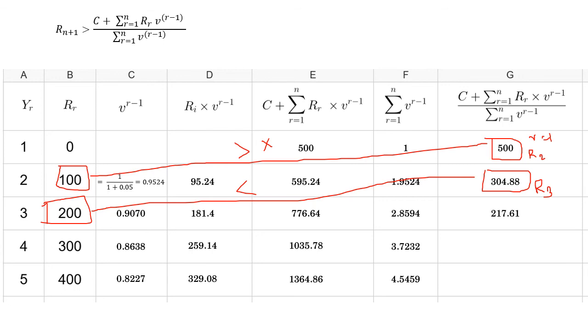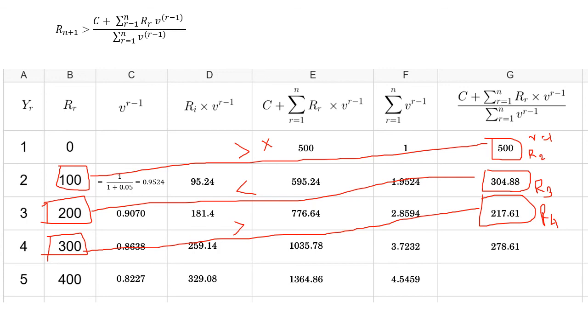Then for the third year, this value comes out to be 217.61, which we compare with Rn plus 1, which is R4 this time, and now the condition is true. Rn plus 1, 300, is greater than 217.61, and hence we replace the machine at the end of the third year. So the manager can replace the machine. That will be the decision at the end of the third year.